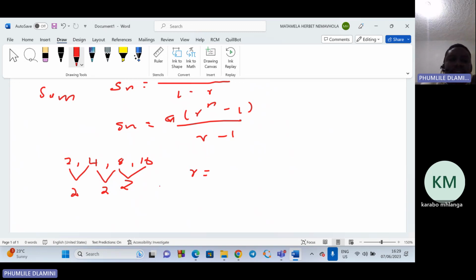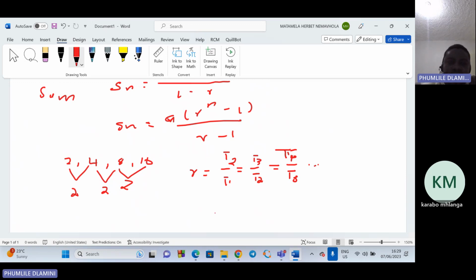To find R, it can be T2 over T1, which is equal to T3 over T2, which is equal to T4 over T3, and so on. So that's the general formula to find R.